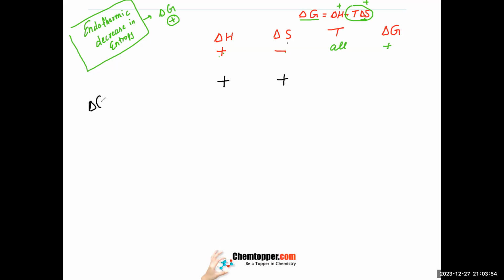Use the equation again. Waiting for the answer, children. This is positive. This is also positive, so this number is negative. You want your delta G to be negative. So, do you want high temperature, low temperature? Very good, Jyoti. High temperature.